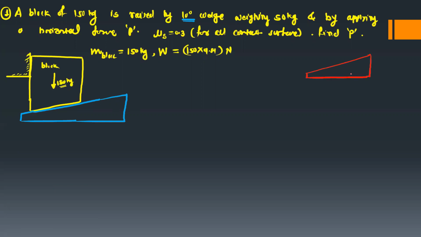So if this is the wedge, and you extend this line, then this angle is nothing but the angle of the wedge, and right now it is given as 10 degree.